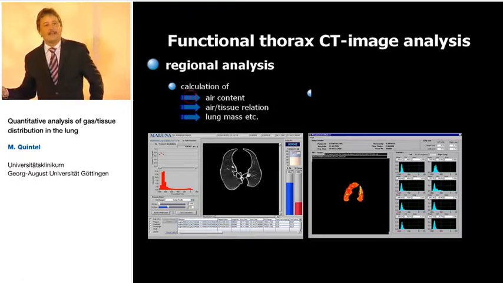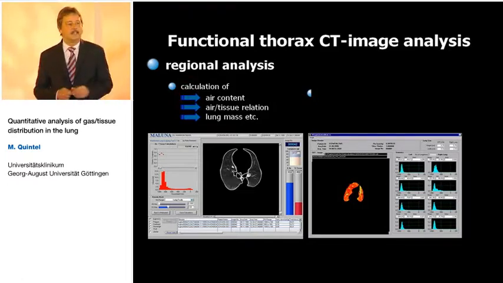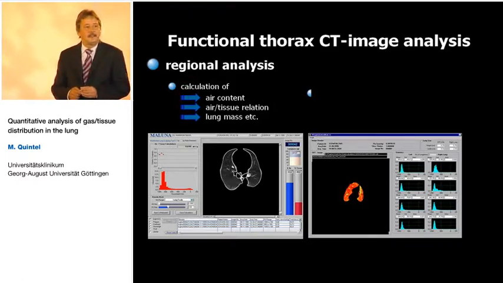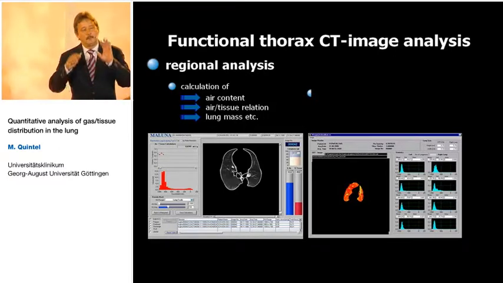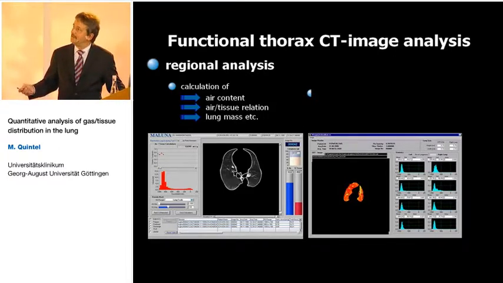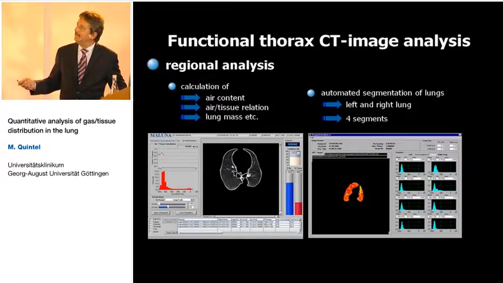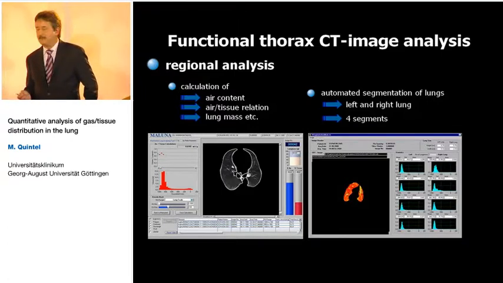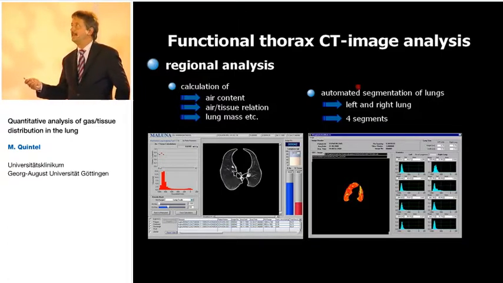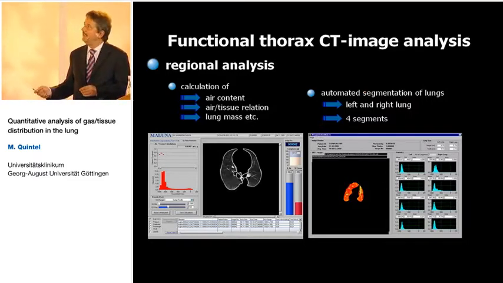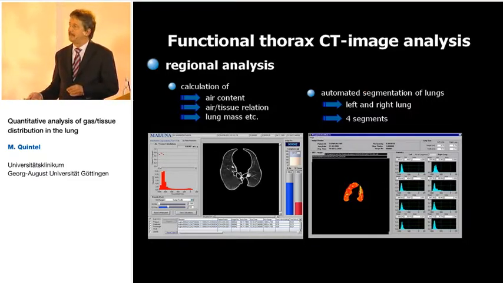What you can do in addition is regional analysis. You can look at the air content, the air-tissue correlation, and you can define by calculation, which I will go into very briefly, the lung mass. And you can do an automatic segmentation of the lungs. You can divide into left and right lung, and you can choose 4 segments, for example, 1, 2, 3, 4.